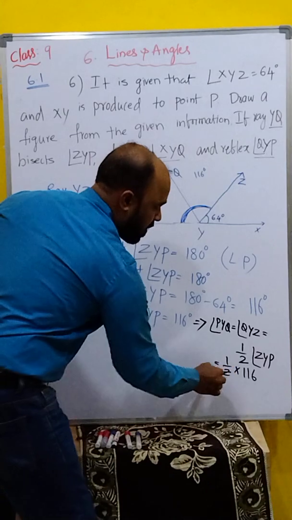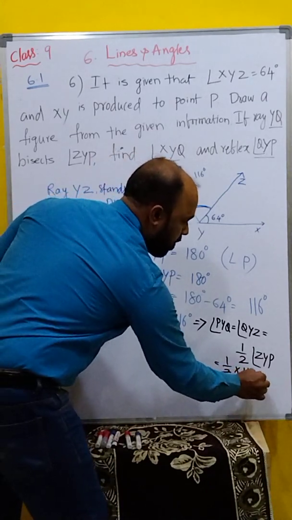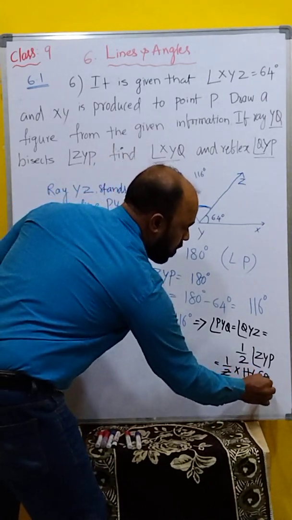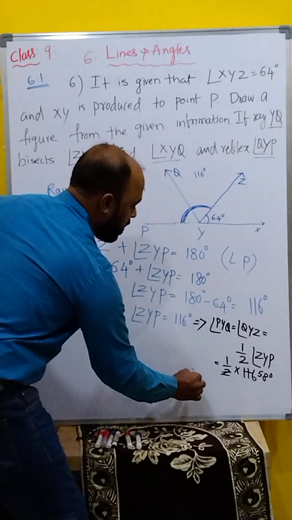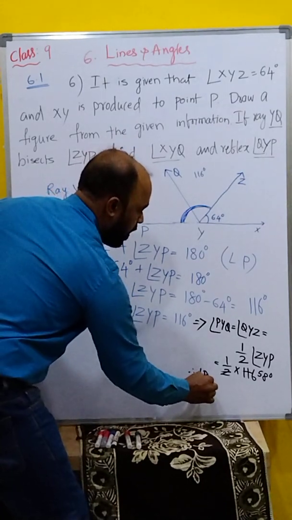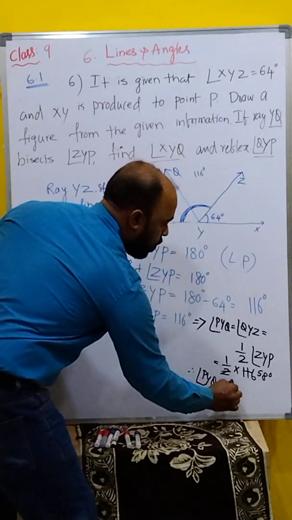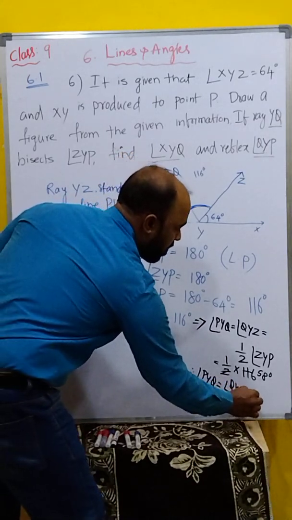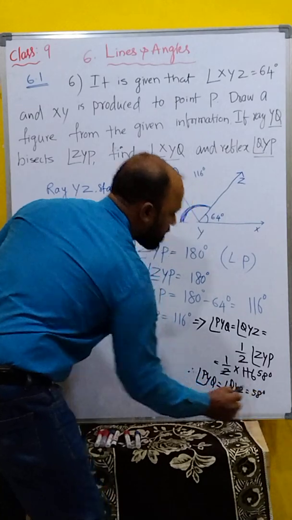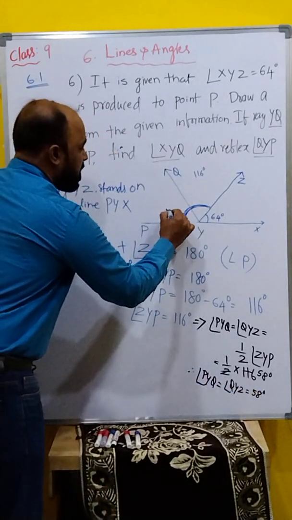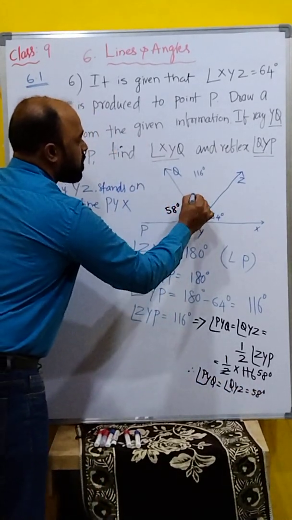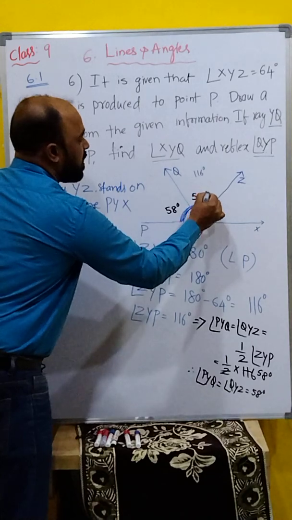Cancel, 2 fives and 2 eights. Finally, what is the answer? Therefore, angle PYQ is equal to angle QYZ is equal to 58 degrees. Clear? This is 58 degrees and here also 58 degrees.